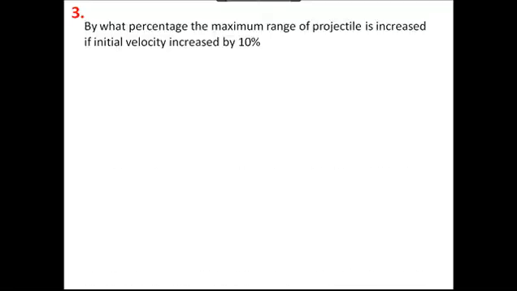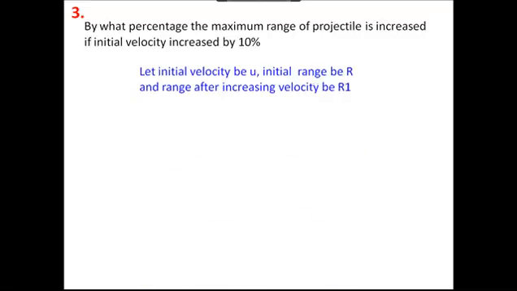Next problem goes like this. It asks you by what percentage the maximum range of projectile is increased if initial velocity is increased by 10%. Really simple problem. What you do is you say let initial velocity be u, initial range be R, and range after increasing the velocity be R1. Then increase velocity. See, velocity is going to increase by 10%. Increased with new velocity to 1.1u.